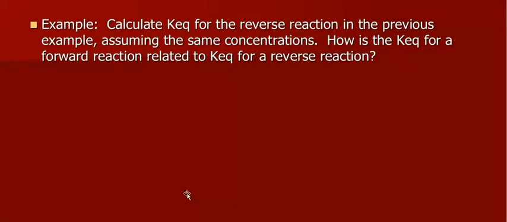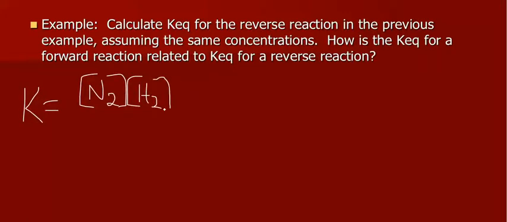Next example says calculate KEQ for the reverse reaction in the previous example, assuming the same concentration. So K would be equal to, flipping everything around, N2 times H2 cubed. So nitrogen and hydrogen are products now because I'm flipping the reaction around, and NH3 is a reactant, so it goes on bottom.